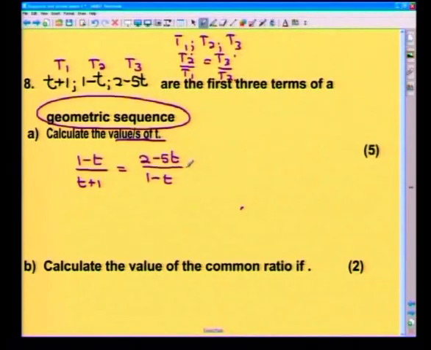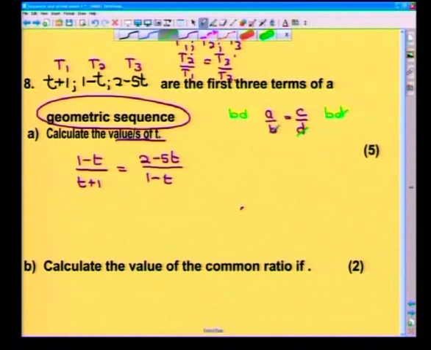Now, how do we solve something like this? Remember last time when we were doing revision, I taught you that if we have something like this looking at us, and we times both sides by the LCD, we're going to get AD equals BC, or cross multiplication. So what I'm going to do is times those, and put it equal to those times. I can do it because it's a fraction equals a fraction.